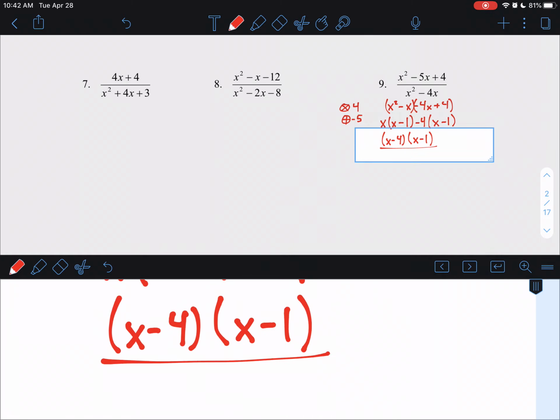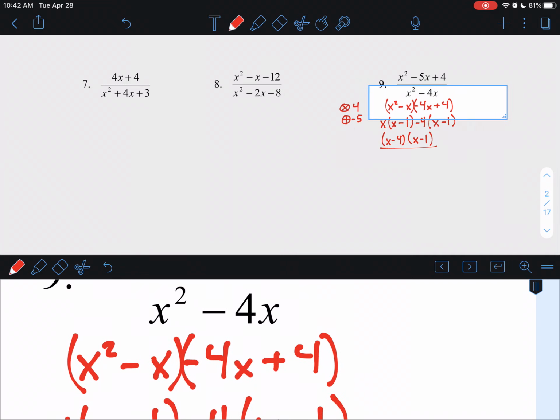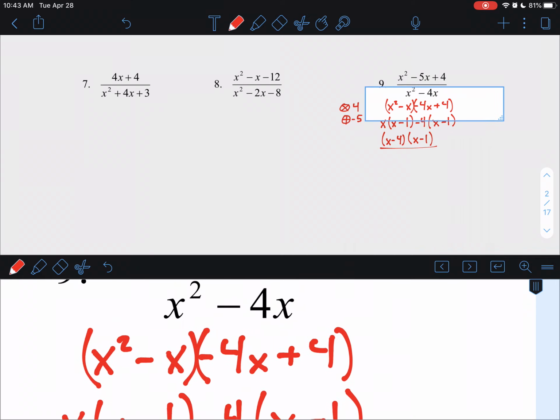So that's my numerator. My denominator, I have x squared minus 4x. And again, even though this is a quadratic because there's that exponent, it's still just a binomial, and I see a common factor between those two terms. If it was just x squared minus 4, I'd want to factor that this way. But this is x squared minus 4x, and I see a greatest common factor of x.